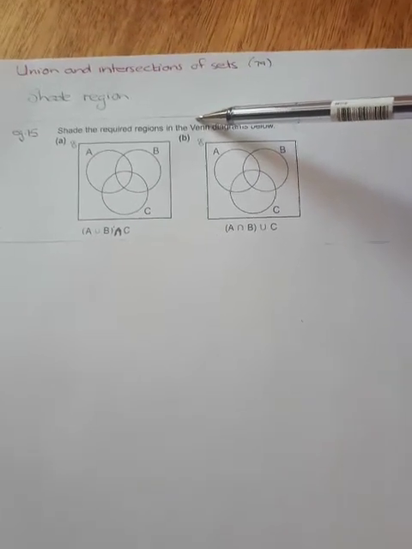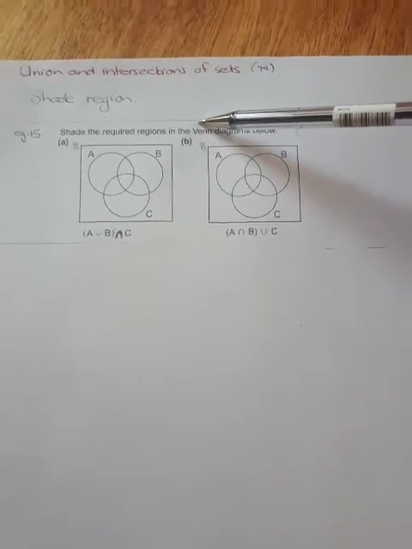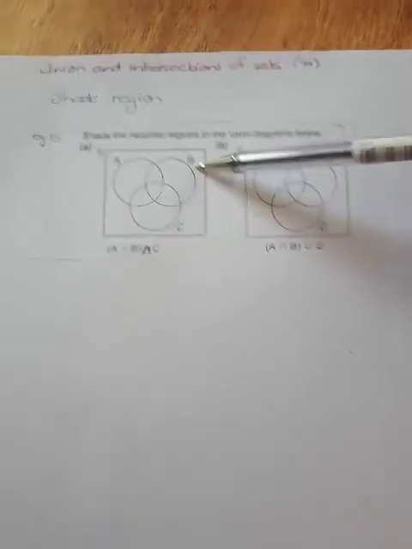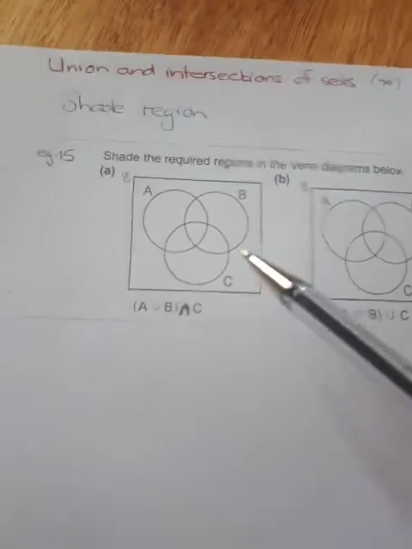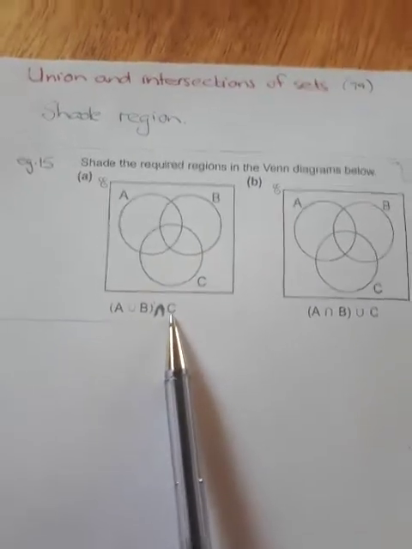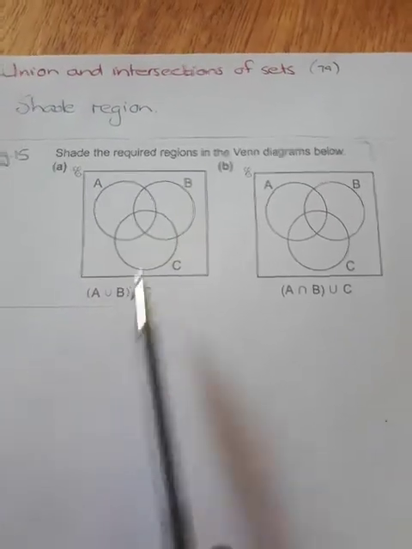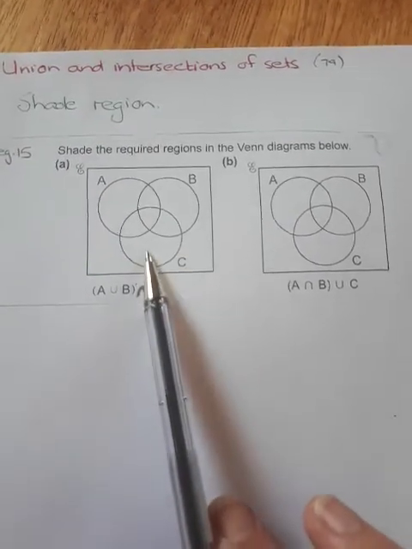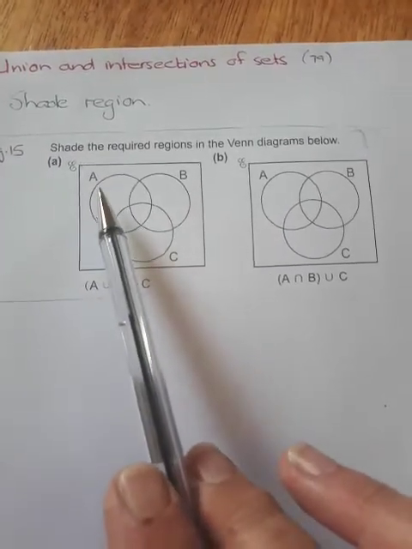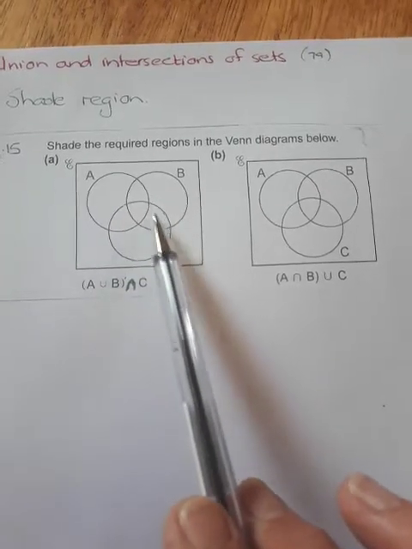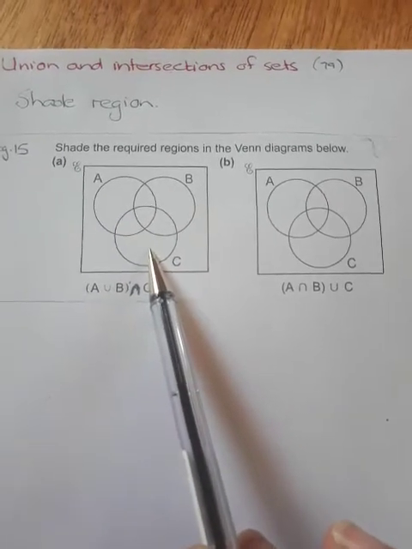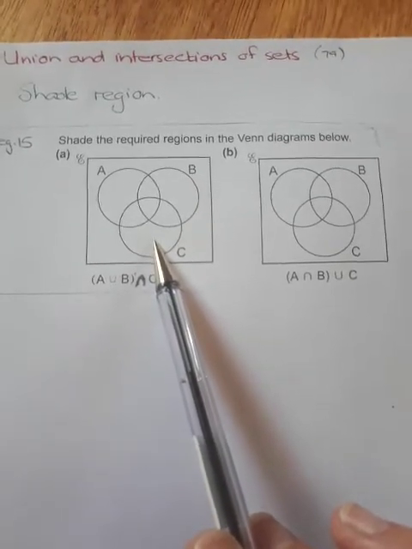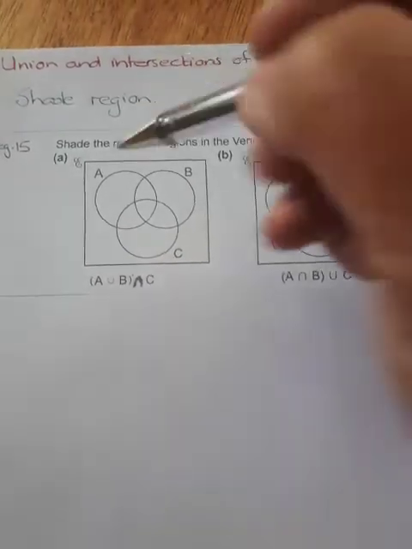So really we start with the same step, and that is to label the regions in a Venn diagram. Ignore the question for now. We have sets A, B and C, and you will immediately see that we've got many more regions, so we will label them with numbers higher than 4.